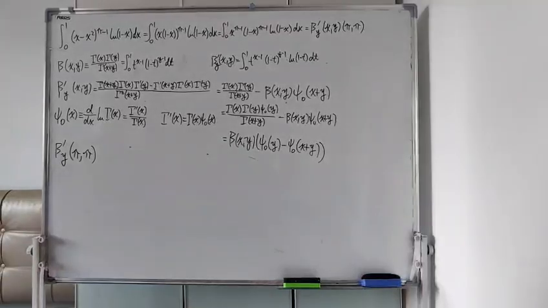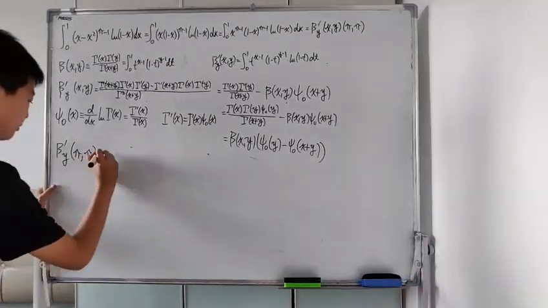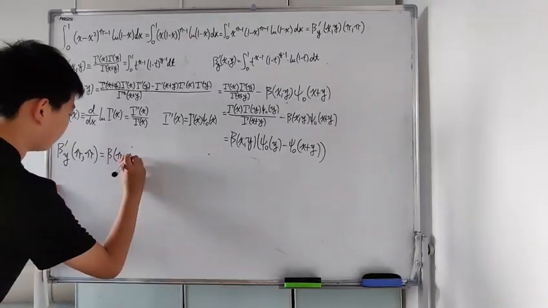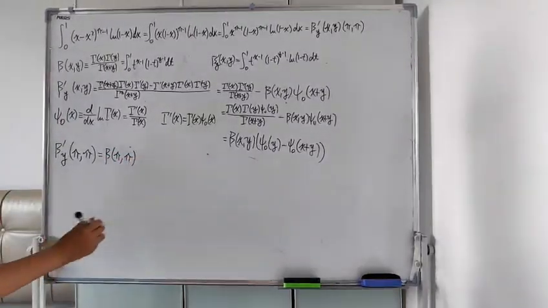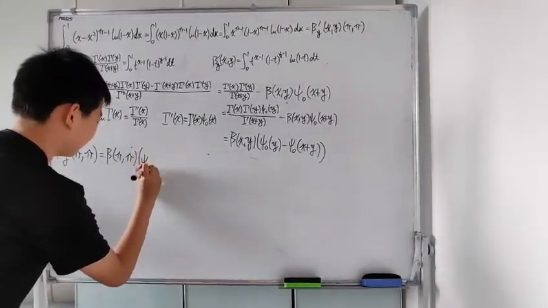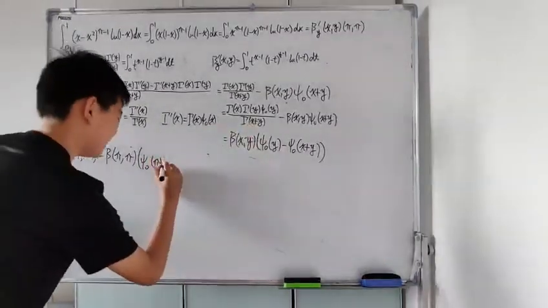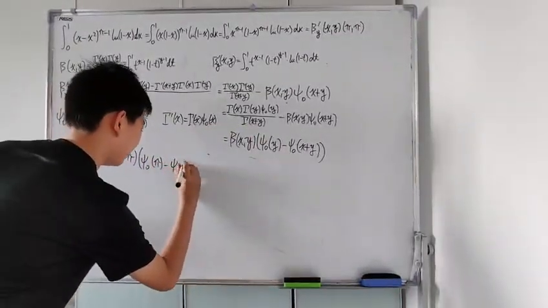Once again, this is just going to be equal to the beta function of pi, pi times the digamma function of pi minus the digamma function of 2 pi.